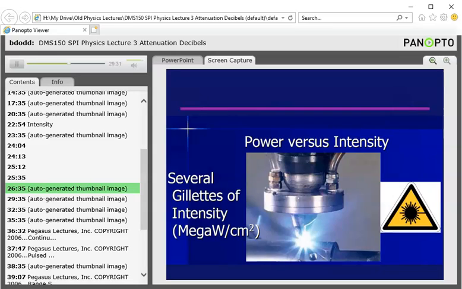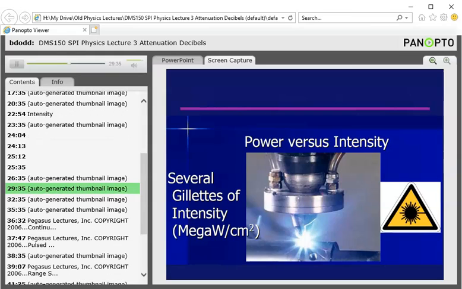So if I double my voltage, what happens to my power? It doesn't double. It'll go up by 4. So 2 squared is 4. If I triple my voltage, how much does my power change? Changes by a factor of 9.